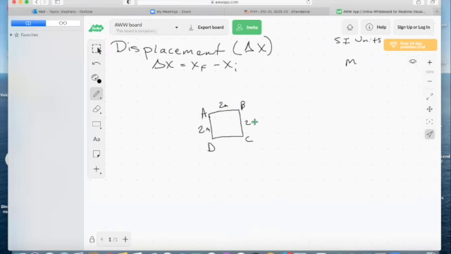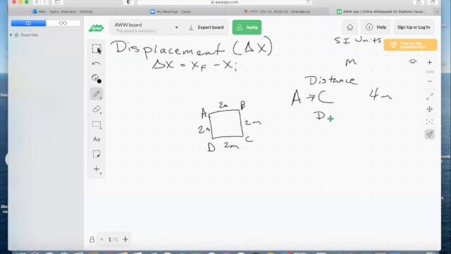So let's just make everything 2 meters. If we go from point A to point C, we cover 2 meters plus another 2 meters. So that will be 4 meters. The total distance traveled is your total number. So that's your distance between points.